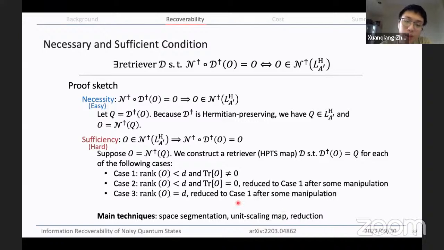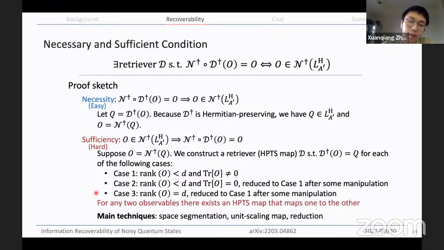For case 2 and case 3, we did some manipulation to reduce them into case 1 so that we can use the map we constructed there. This completes the proof of the sufficiency part. In the end, what we really proved is that for any two observables, there exists a HPTS map that maps one observable to the other.